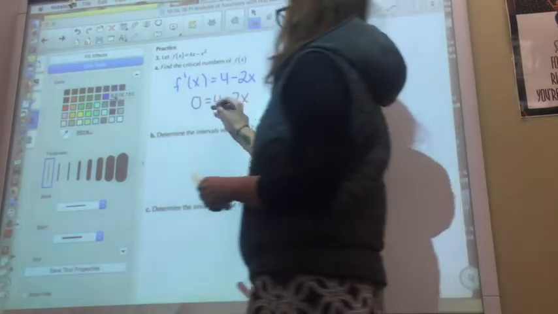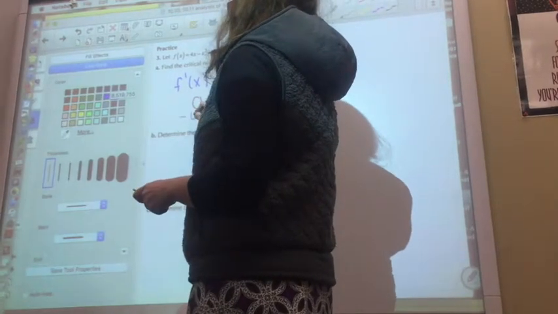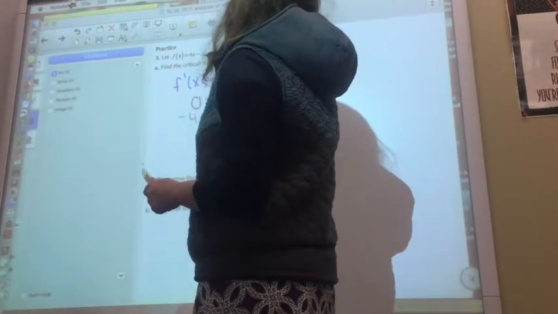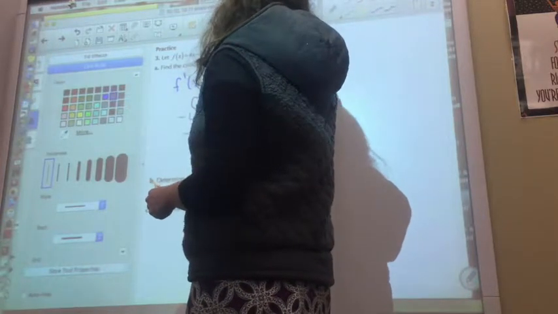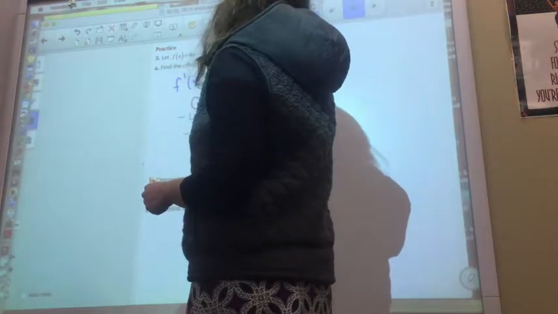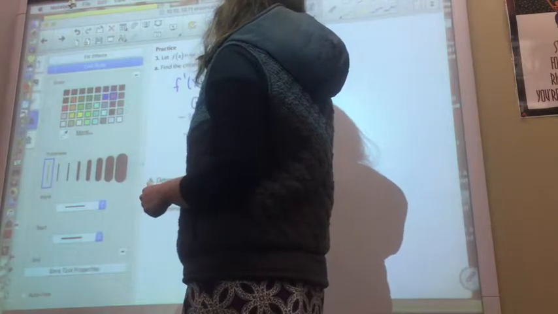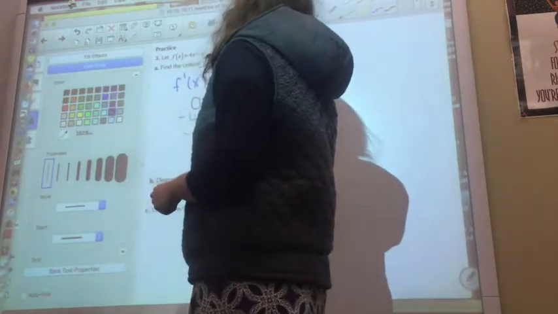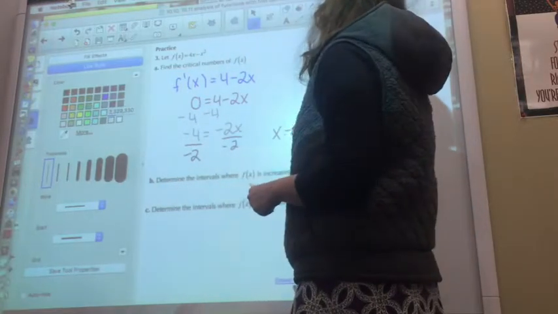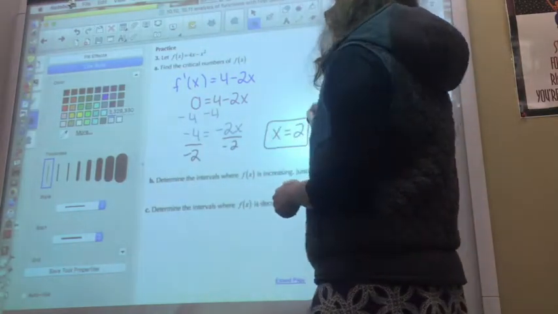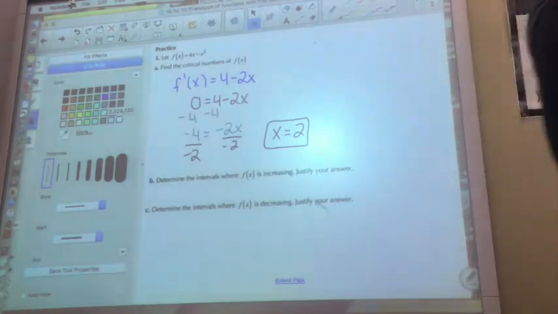Subtract. So negative 4 equals negative 2x? Yeah. Okay, and then I divided the -2 over, and then I got 2 equals x, or x equals 2. Okay, I agree. Our critical number here is x equals 2.